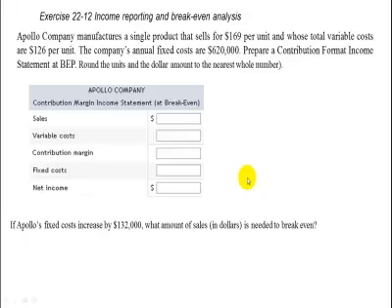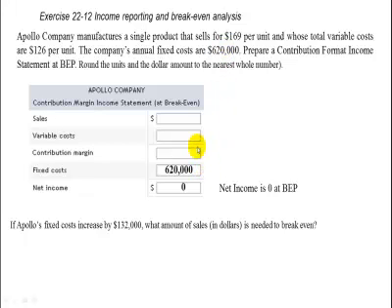Okay, that's part one. So the break-even point is when net income is equal to 0. So we'll start with net income equal to 0. And next, they told us that fixed costs were $620,000, so we'll plug that in there. We're kind of working backwards here.